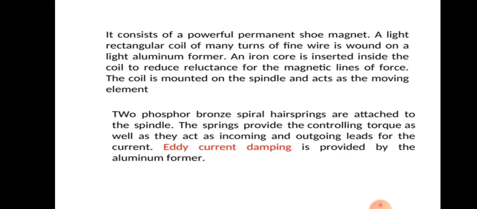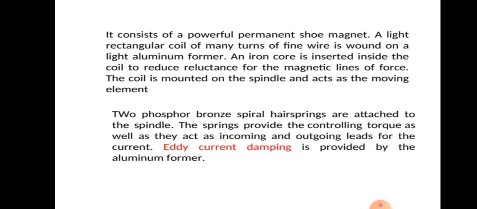Why is it inserted? Because the reluctance should be reduced. So an iron core is inserted inside the coil to reduce reluctance for the magnetic lines of force. This is just a theoretical concept; when we see the actual diagram, you will understand all these concepts.